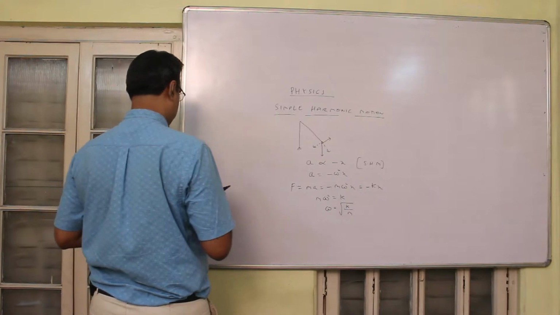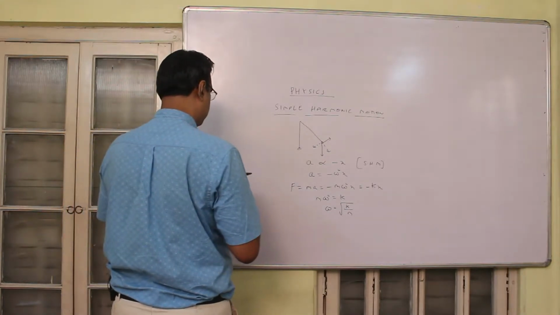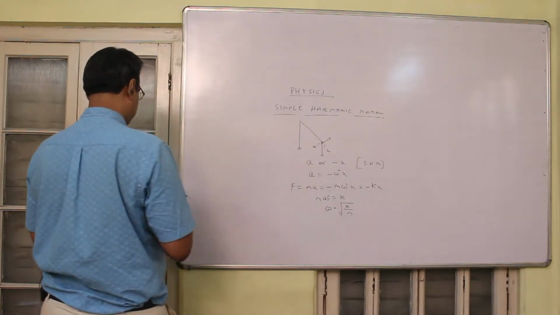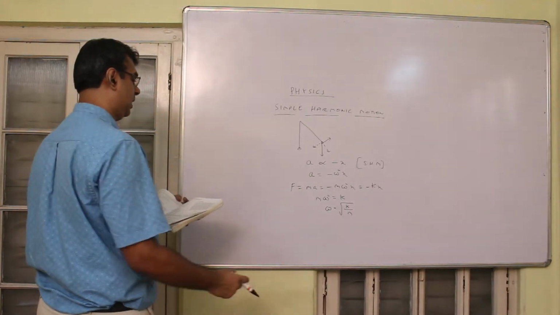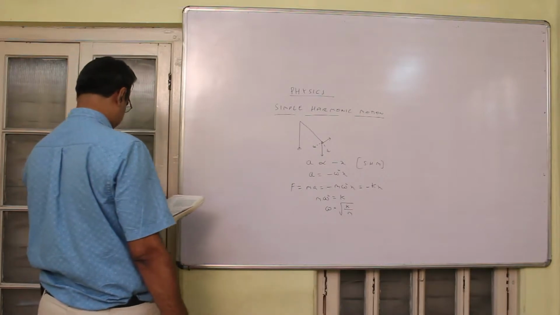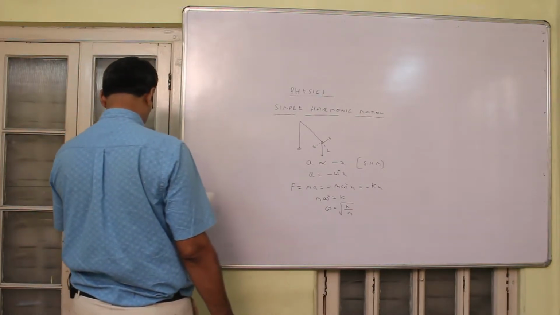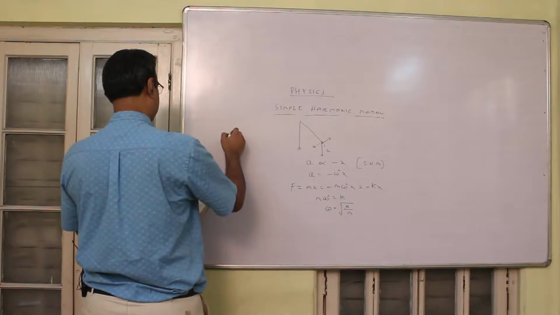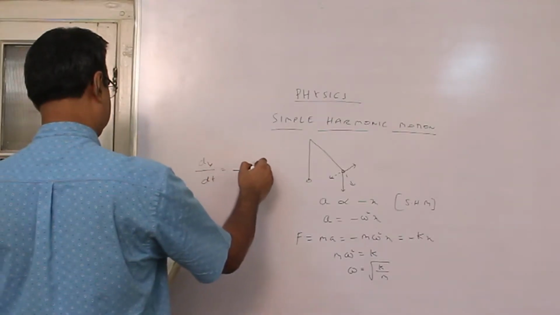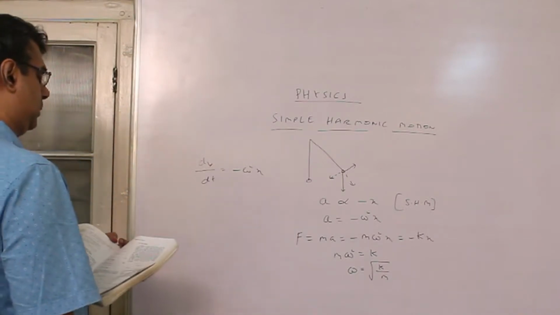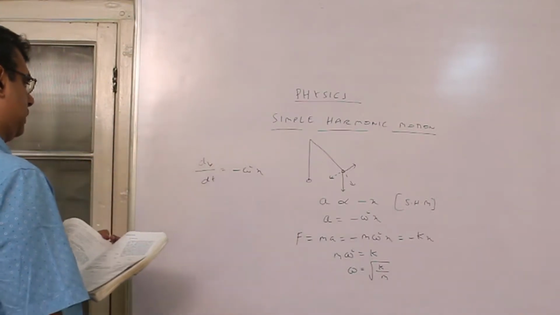Now the equations which we have got are not giving us any instantaneous expression for displacement. So what we will do is we will now try and develop an expression for instantaneous displacement.